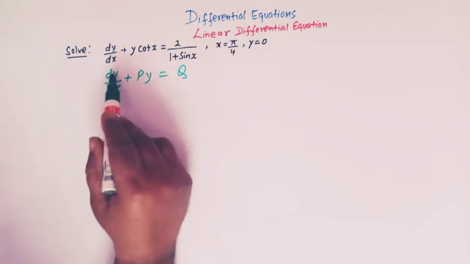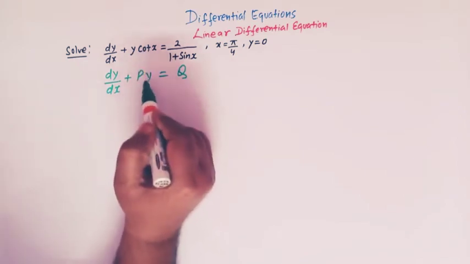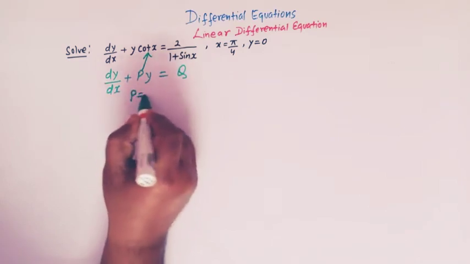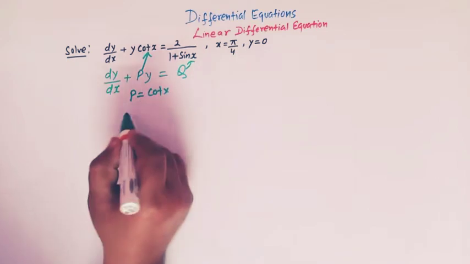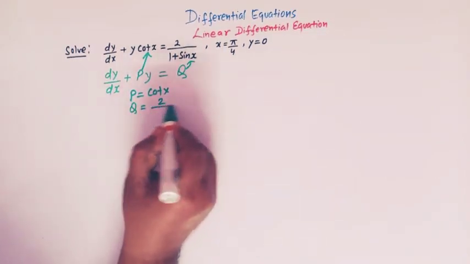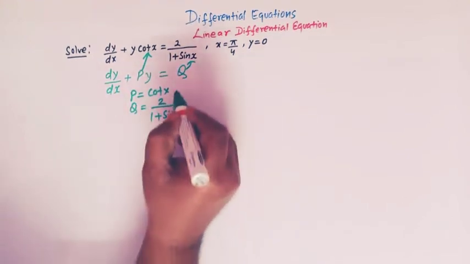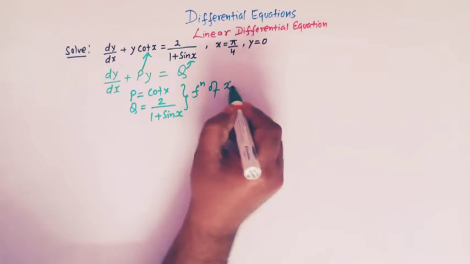If we compare both these equations, we see that p is equal to cot x, and q is equal to 2 over 1 plus sin x, and both p and q are functions of x.